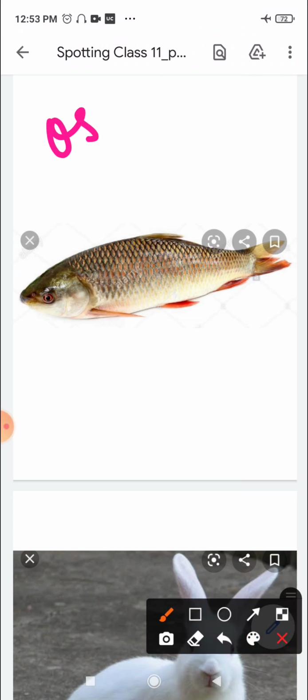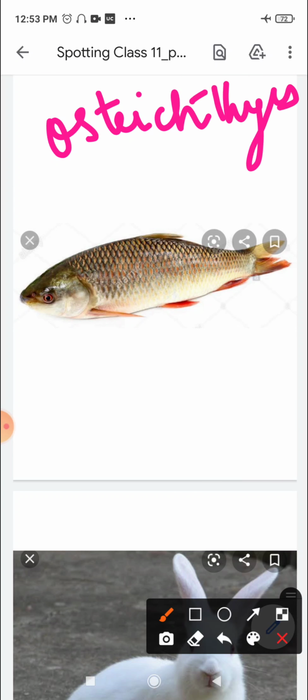As I told you, when you look at the position of the mouth, you can find out to which class it belongs. The mouth here is terminal. In Chondrichthyes we said that the mouth is ventral, and here the mouth is terminal, right?